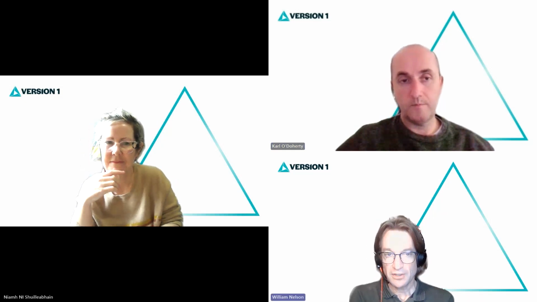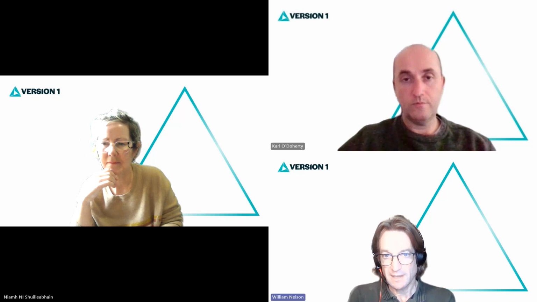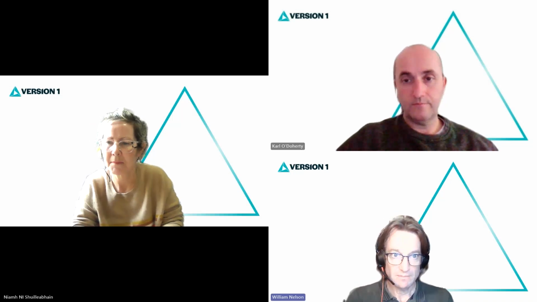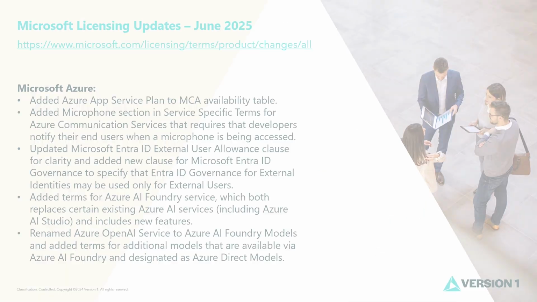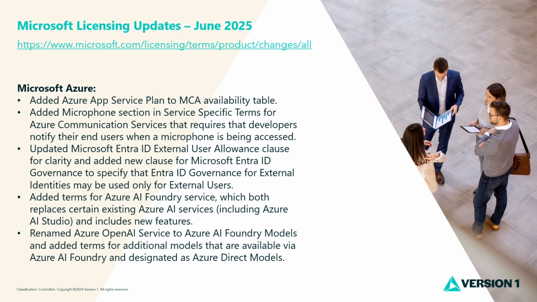Thank you. So under Microsoft Azure, they've collated together the changes. They've added Azure App Service Plan to the MCA availability table. App Service Plan has always been available under MCA, so it's a bit of housekeeping, I think. They've also added a microphone section to the specific service terms for Azure Communication Services.